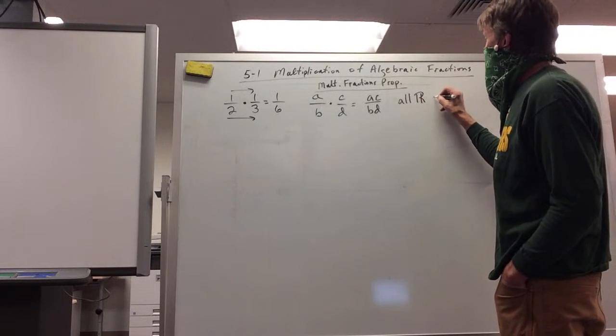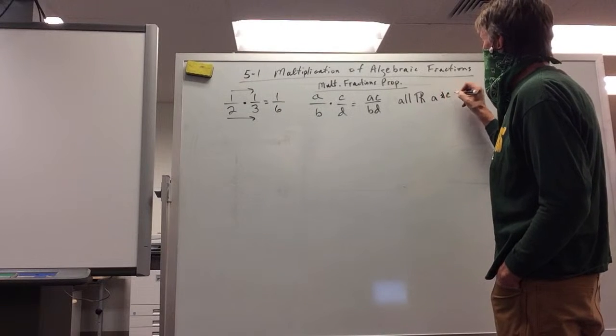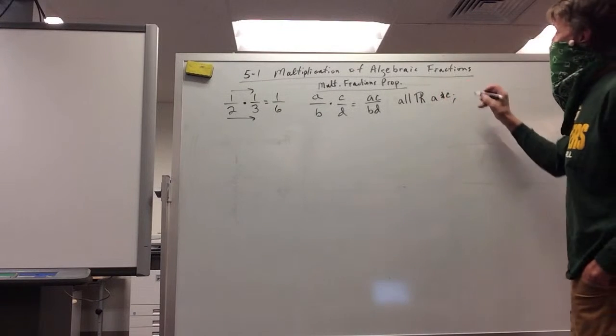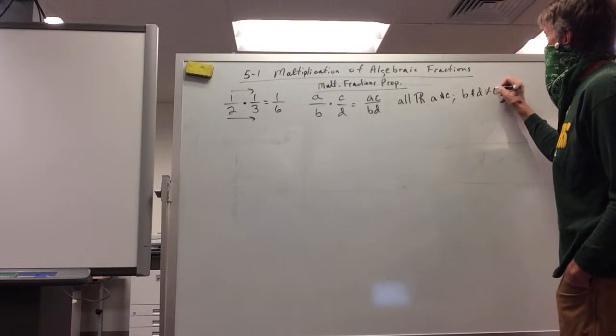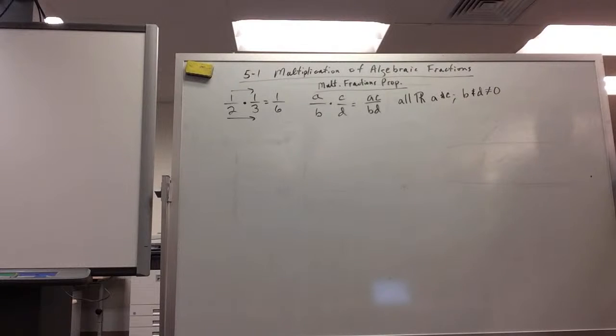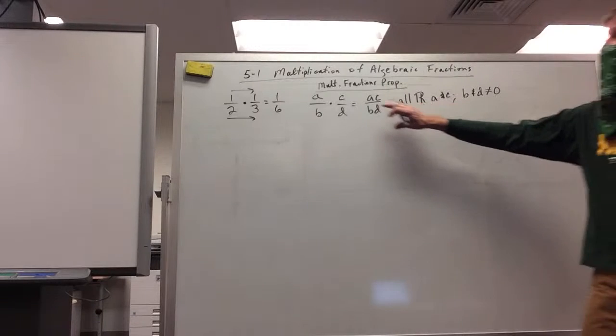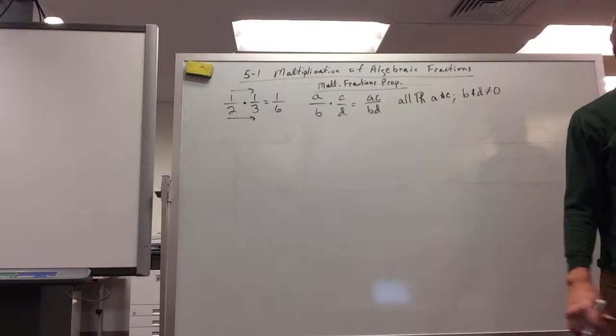All real numbers A and C, and then they use a semicolon: B and D may not be equal to 0. So this just says we can't have fractions with 0 as the denominator. But when we write properties and theorems, we get into this idea of saying what the variables can actually be, what numbers work.